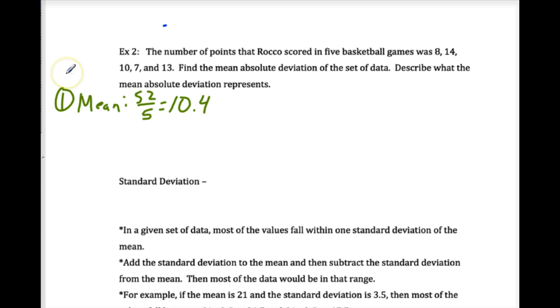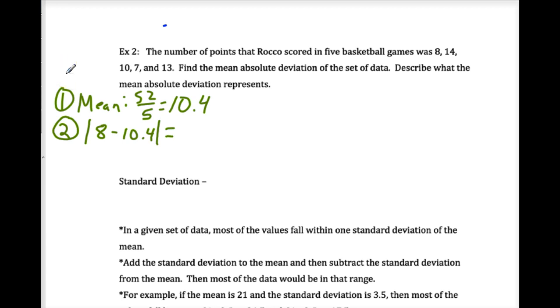Step 2. This is kind of the long step. You're going to take each piece of data. The first one is 8. You're going to subtract the mean from it, 2.4, and find the absolute value of it. Since there are decimals in here, you can use a calculator.